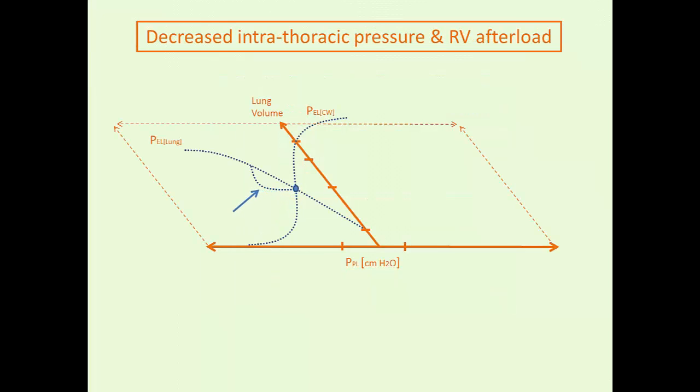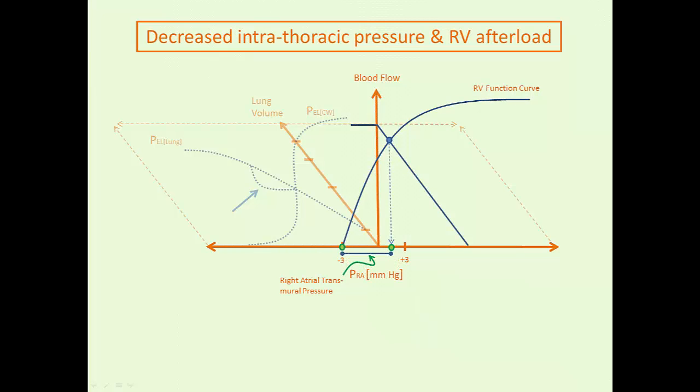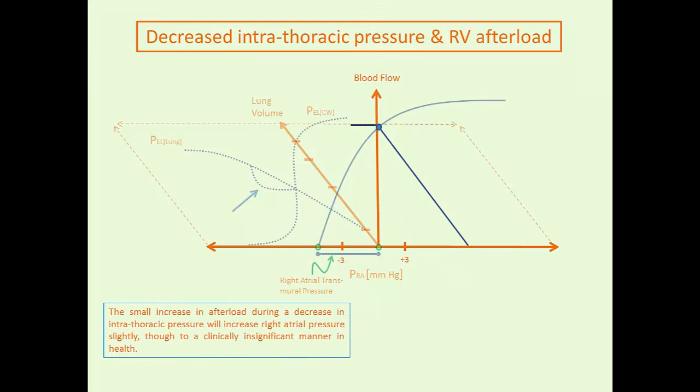So a decrease in intrathoracic pressure, again, just moving along the x-axis here, just decreasing pleural pressure in centimeters of water on the x, no change in lung volume on the y. Superimpose the Guyton analysis. The decrease in intrathoracic pressure tends to increase the transmural pressure of the right atrium and right ventricle, which in and of itself would tend to increase your right ventricular afterload simply by a modified law of Laplace.